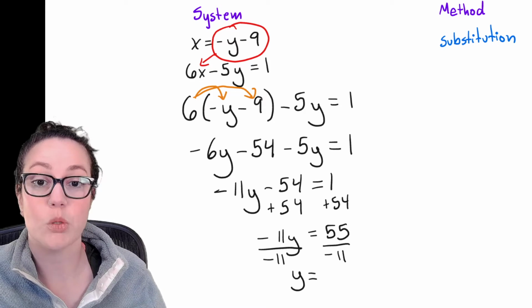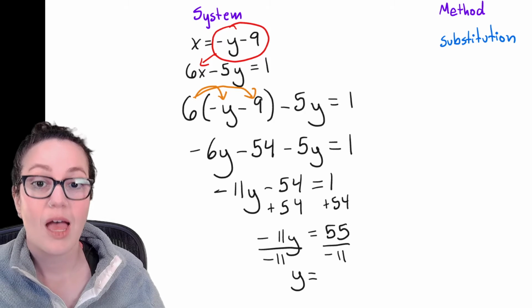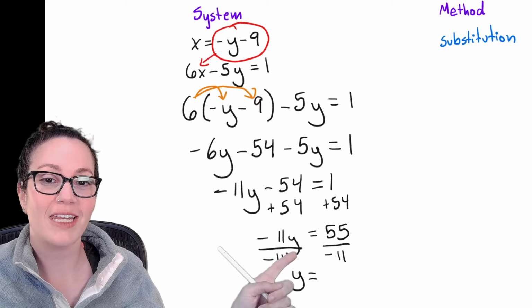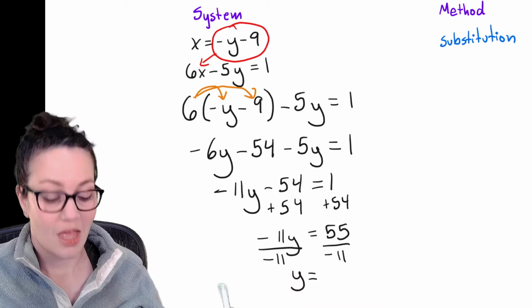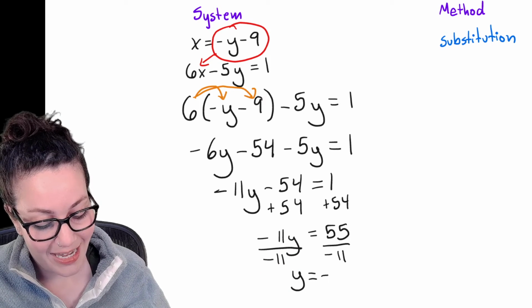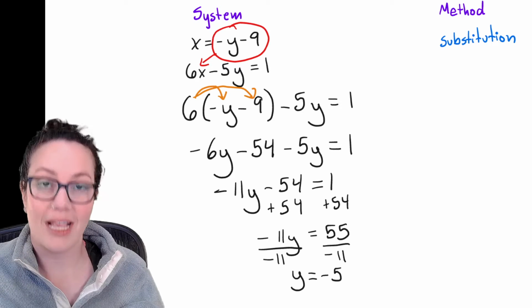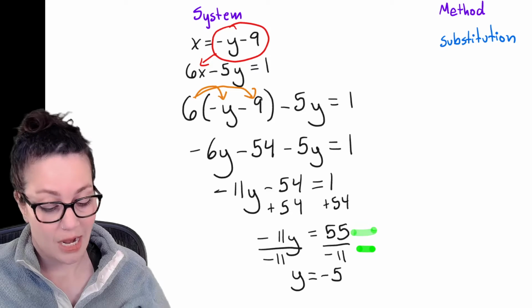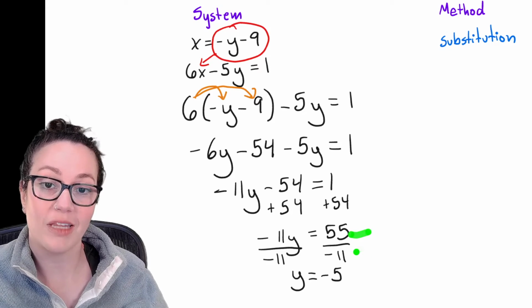So that just leaves me with one positive y. And then this positive 55 divided by the negative 11, that is going to be negative 5. It's negative because the positive divided by the negative will give us a negative. And then 55 divided by 11 is 5.